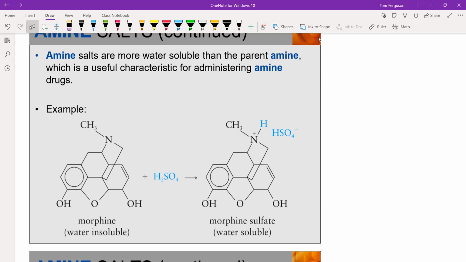So they'll frequently have some kind of an acid that ends up going over here, and you end up with an ionic compound.